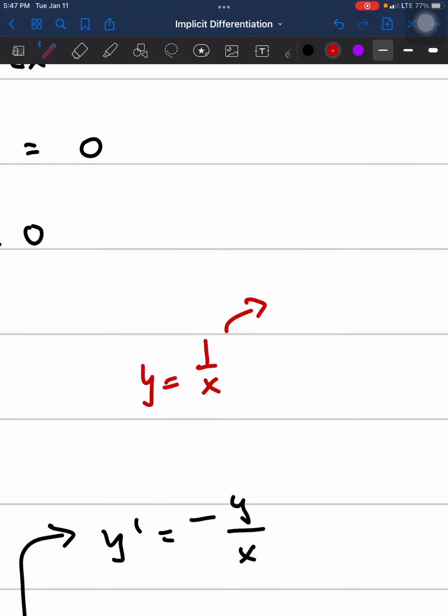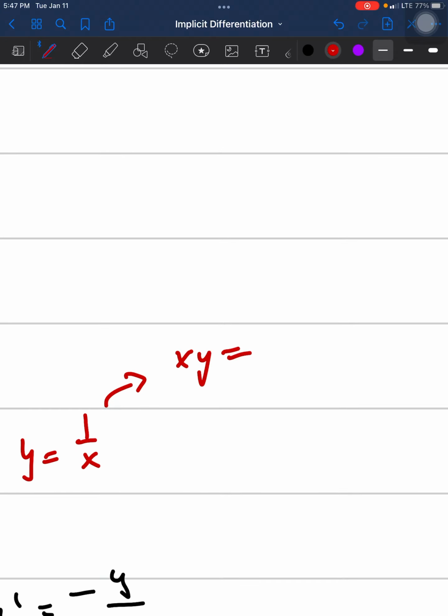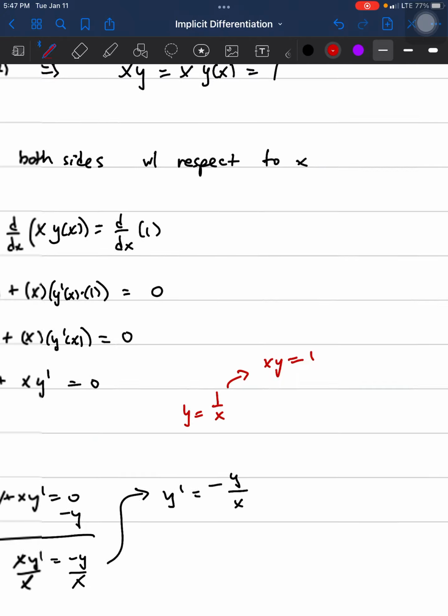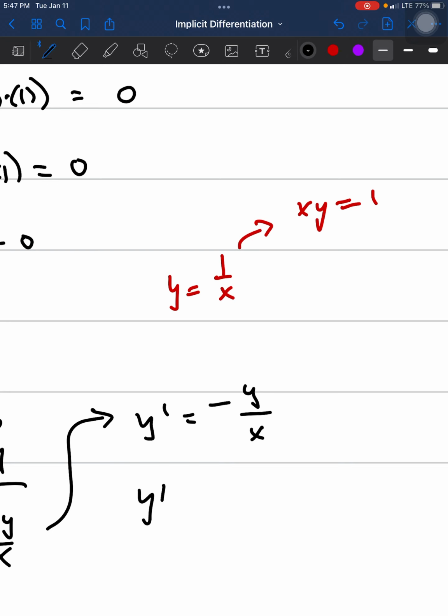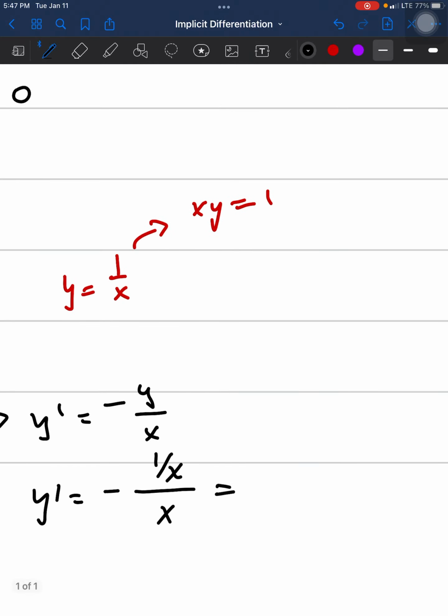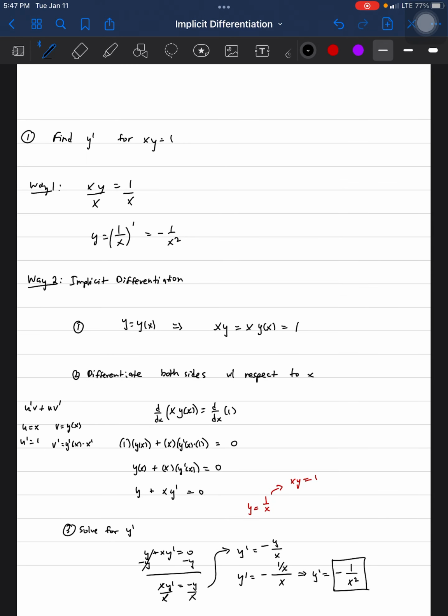So all we have to do is plug in for y. It's going to be negative 1 over x, all over x. When you simplify this, you get y prime is equal to negative 1 over x squared.